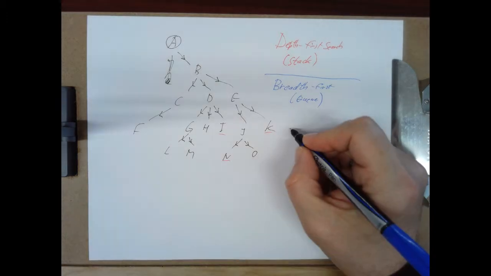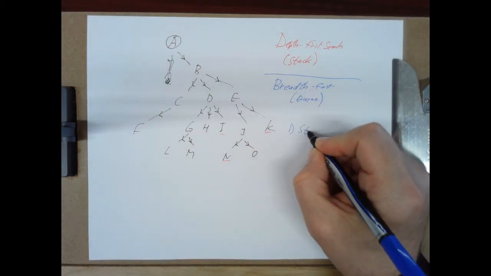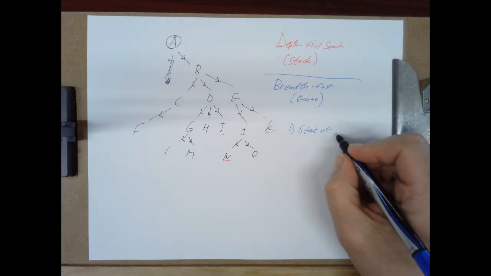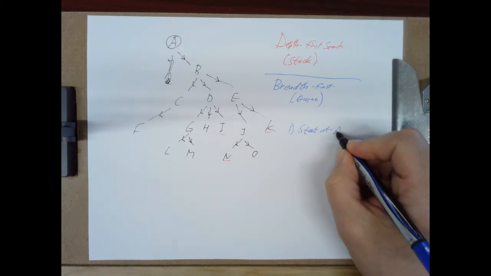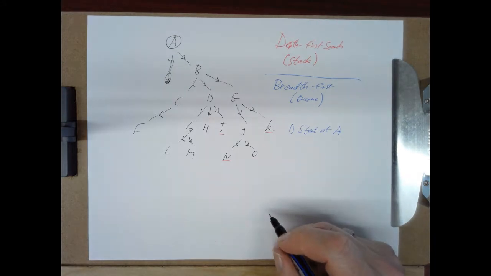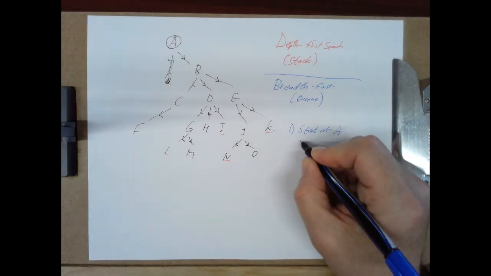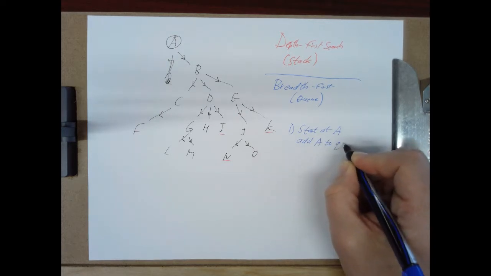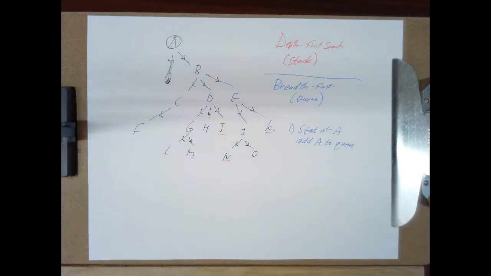So here's our algorithm. 1, start at, I'll just call it A. So how do we start at A? Add A to a queue. So we seed the whole algorithm by taking whatever point we're starting at and putting that into a queue.